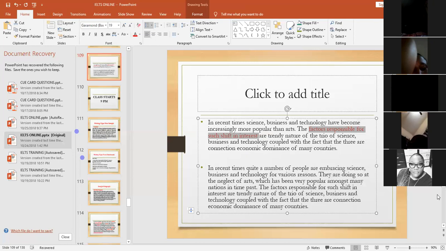I would like to ask, is this training for both general and academic writing? Yes, the writing that I did tonight is for both general and academic. Writing task one is where there is a difference between academic and general. Whenever I'm going to do academic, I will let people know so that you don't waste your time.